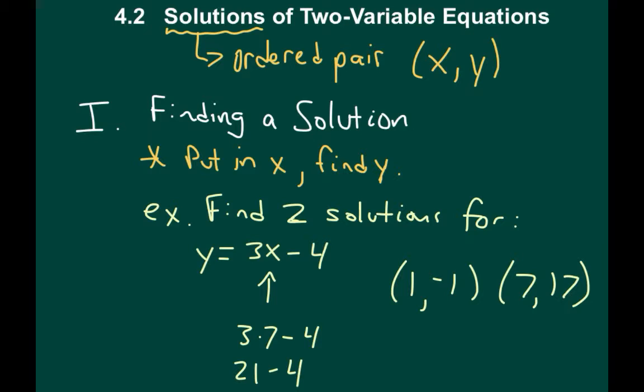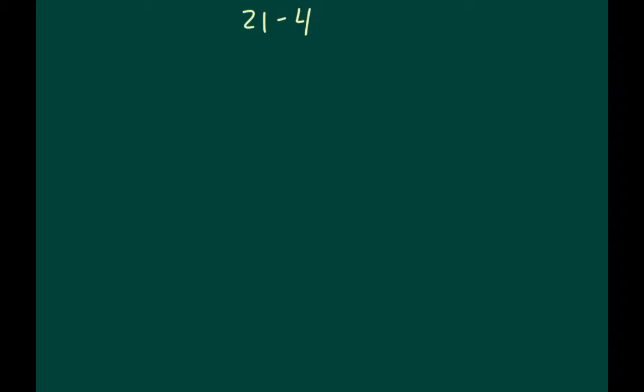And sometimes the questions will say, find the solutions when x equals 0, x equals 1, x equals 2, and so on. But if you just need to find a solution, you really could pick any number for x and find y. The second part, and sometimes you'll get questions that ask you to do this, they say, well, check something. Check, is this a solution? And other times, maybe you'll just want to check your own work and say, okay, am I right? So Roman numeral 2 is checking a solution.